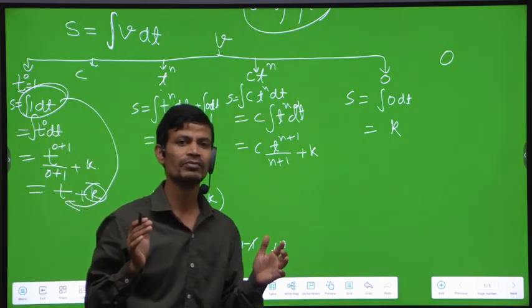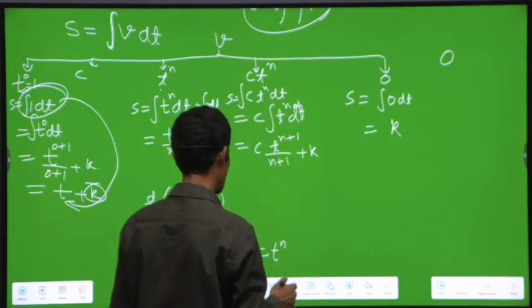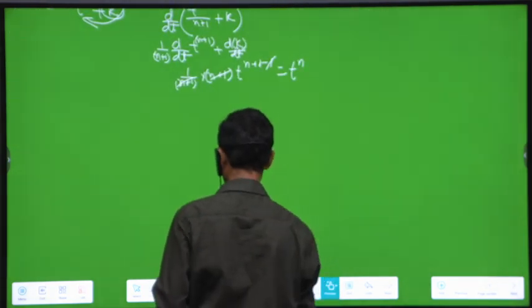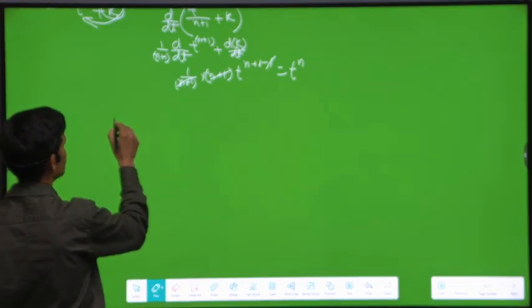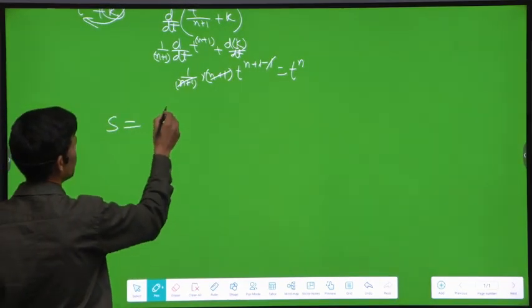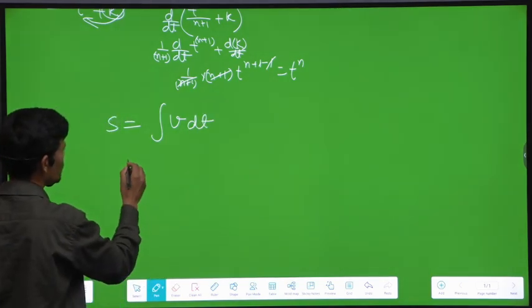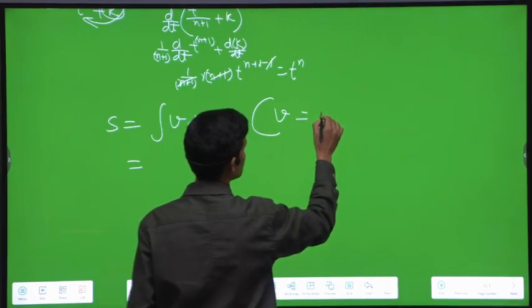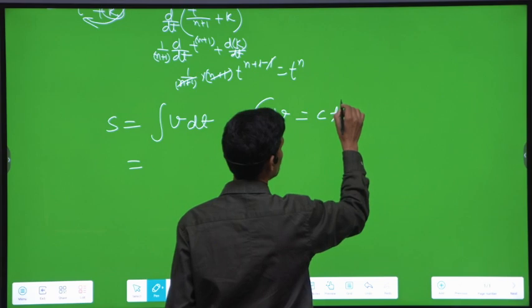So how to deal with that constant? For that, whenever we integrate something, we put some limit. Again I will give the same situation, and let us suppose v here is equal to some constant times t to the power 2.